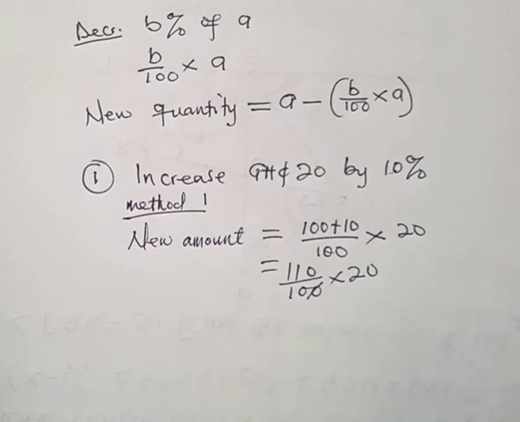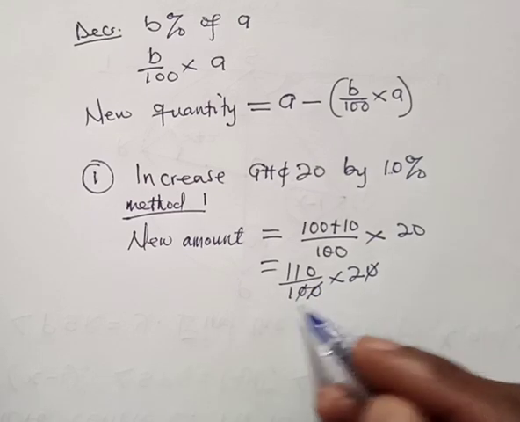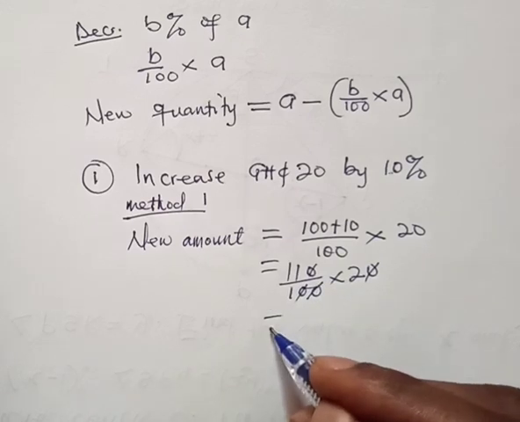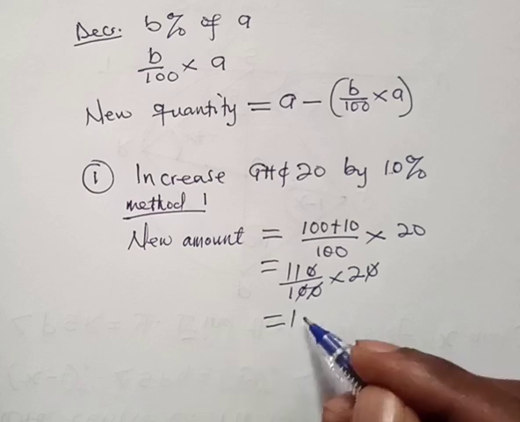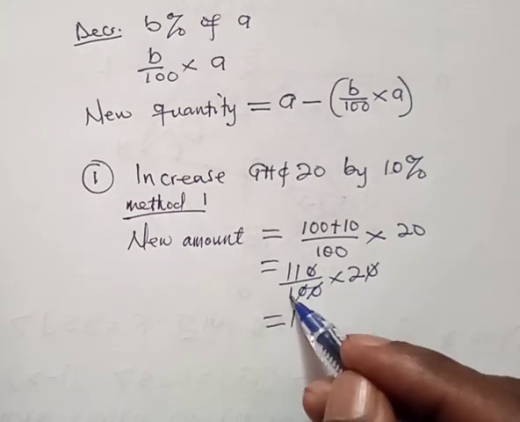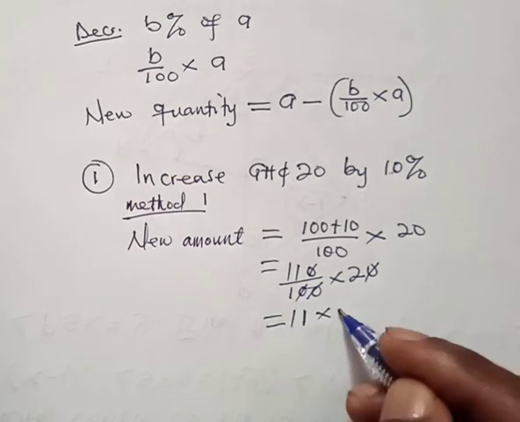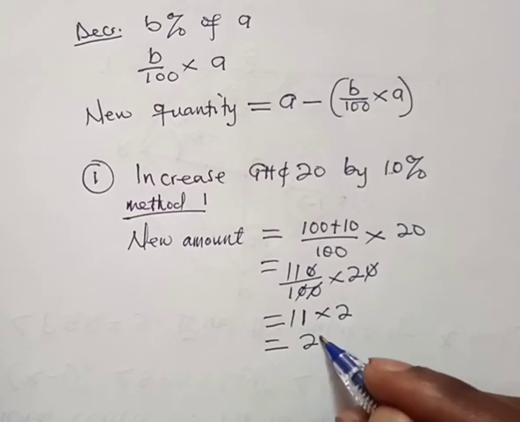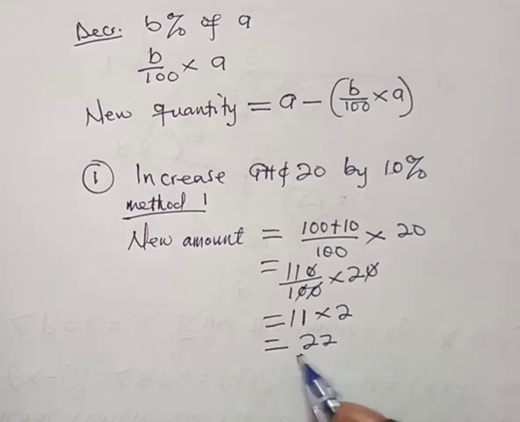So this one goes, this one goes, which gives me 11 divided by 1, which is the same thing, times 2. And this gives me 22. Good.